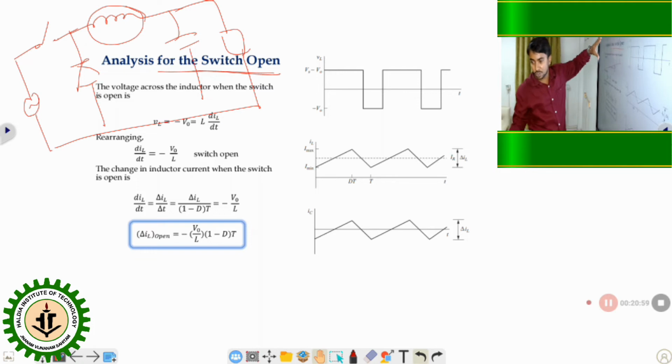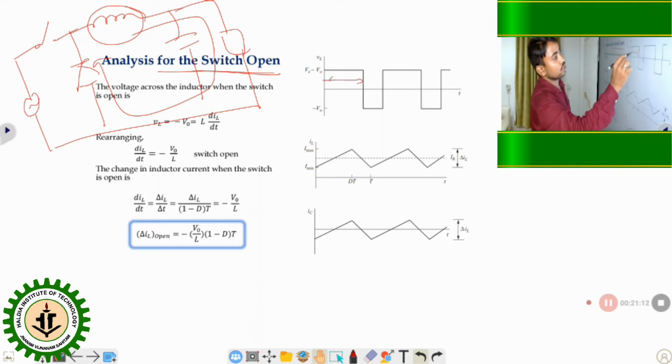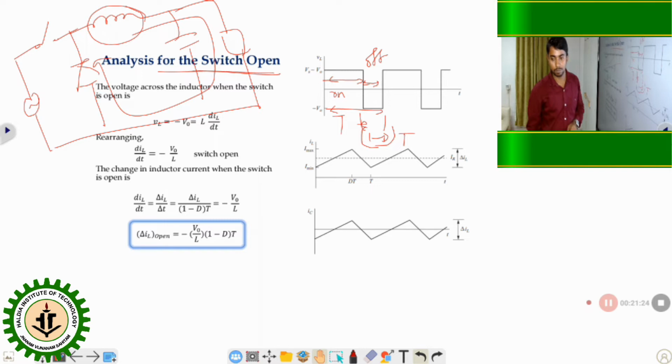So in this condition, this time is the switch on, and here the switch is off. This off time is called 1 minus D into T, and the total time period we know is T. When the switch is open, the stored energy of this inductor can discharge through this load.